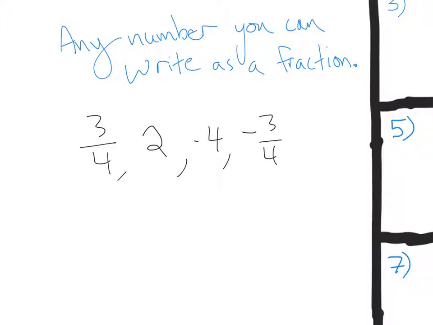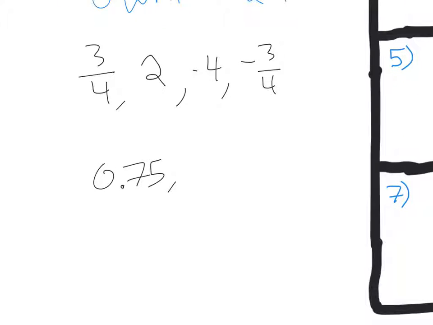And most of the decimals that we work with are going to be rational as well, like 0.75. That's a rational number, since I can write that as a fraction, that would be equal to the fraction 3 over 4.